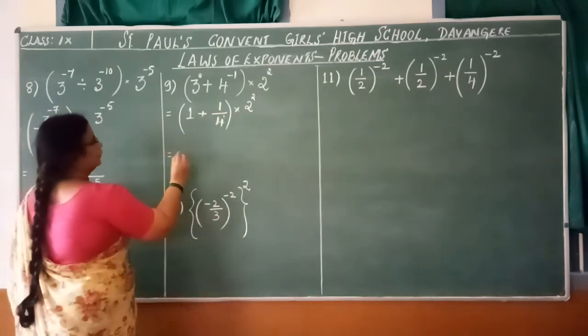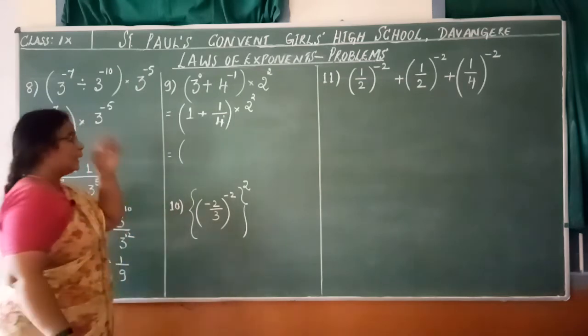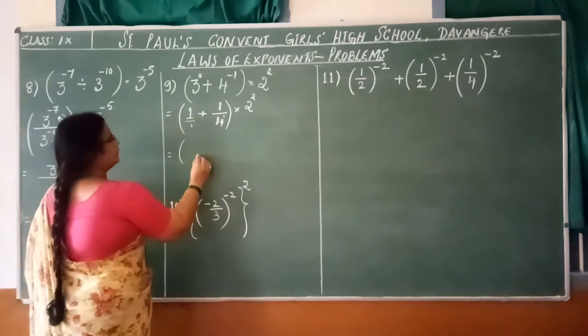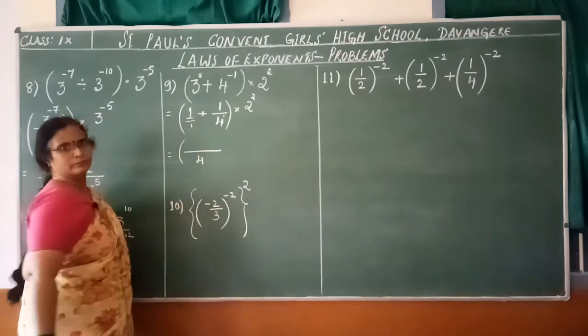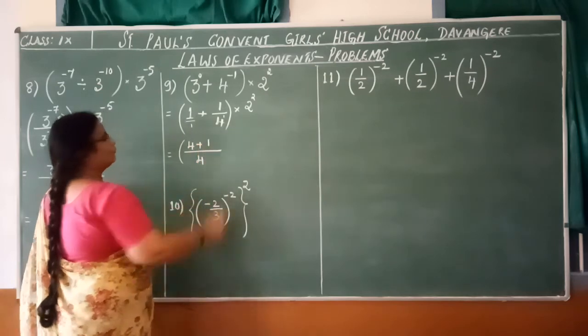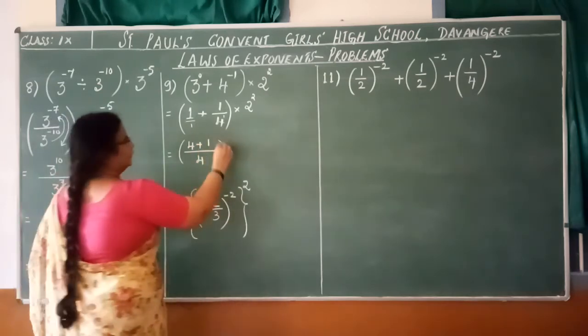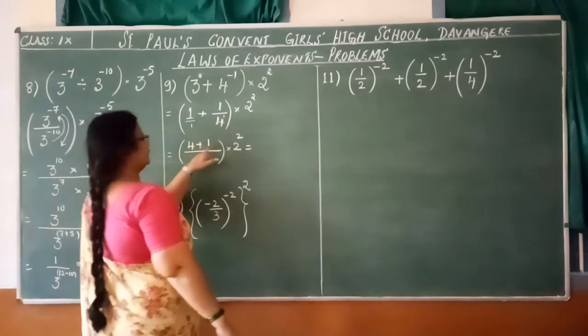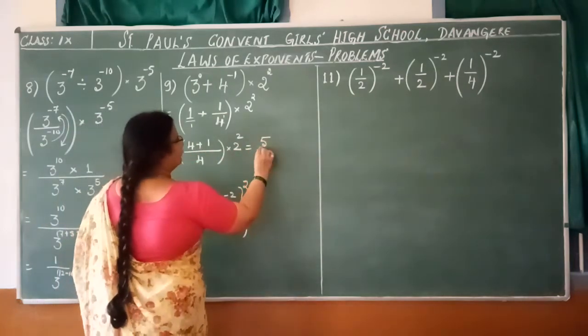Next, let us take LCM now because there is plus. LCM is 4. So 4 ones are 4 plus 1, 4. 4 gets cancelled, 1 into 2 square, which is again equal to 4 plus 1 is 5 by 4.